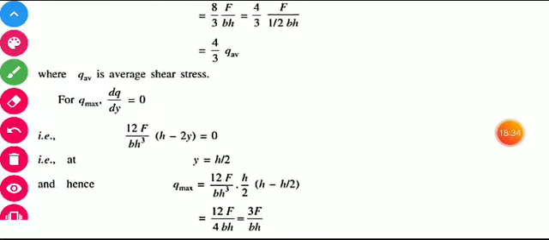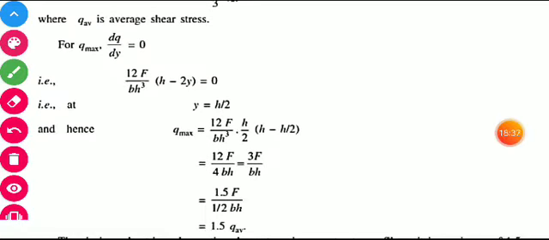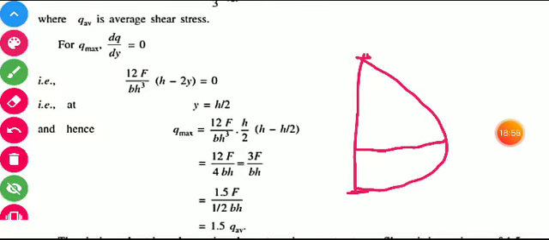Because this is a triangle section, a non-uniform section, there is a chance of getting a maximum shear stress value, because at 0 and h the value is 0, but at 2h by 3 you determine this value. So here is one chance to get one maximum value.